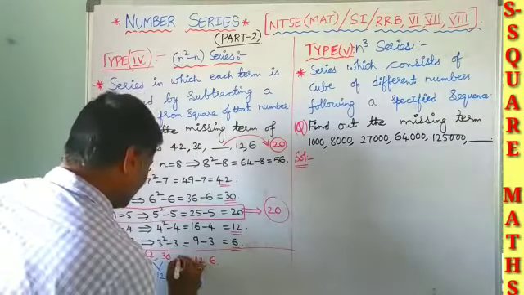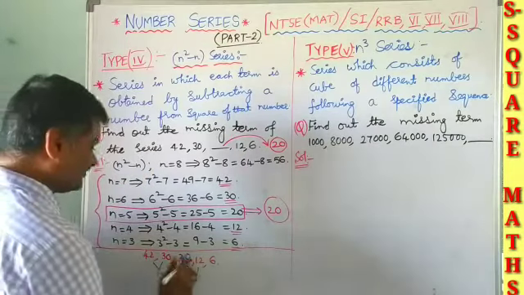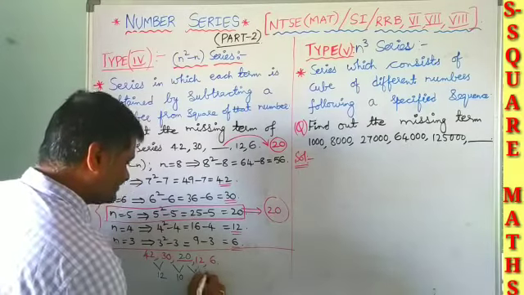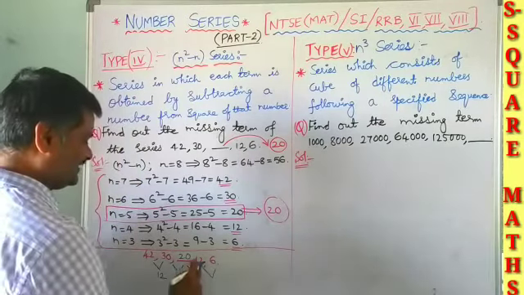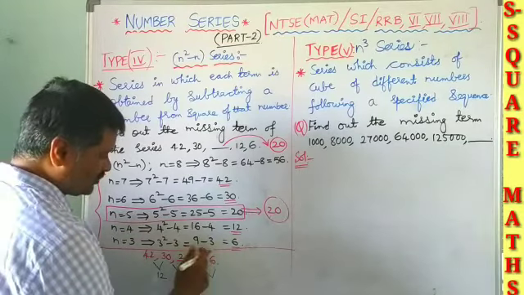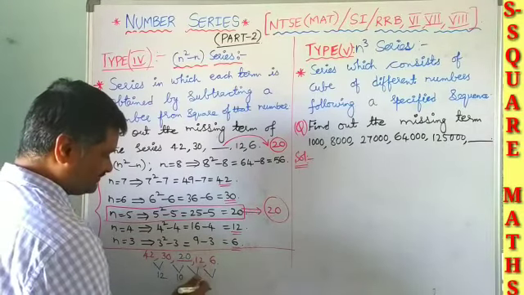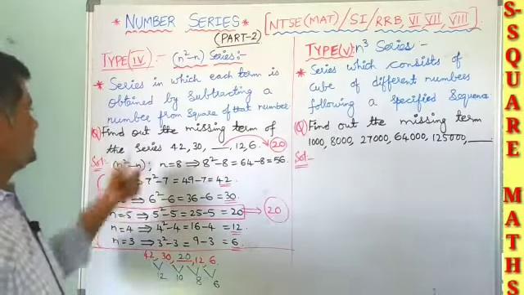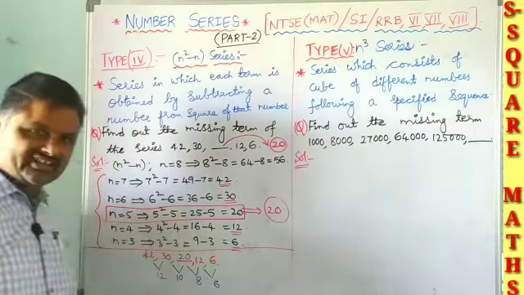Nothing but here what we are getting is 20. 20, again if you decrease by 2, here you are going to get 8. Again, since we are decreasing, go on decreasing 2 by 2, again decreased here you are going to get 6. So instead of doing this, you can proceed in this way also.